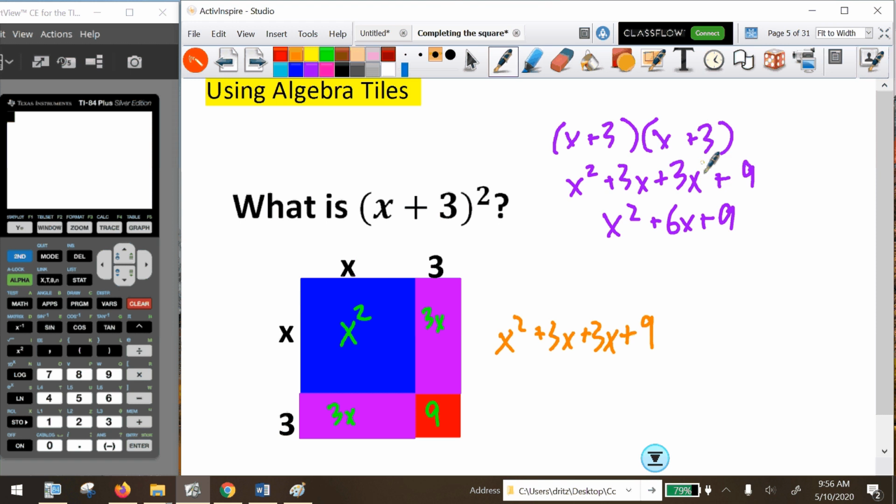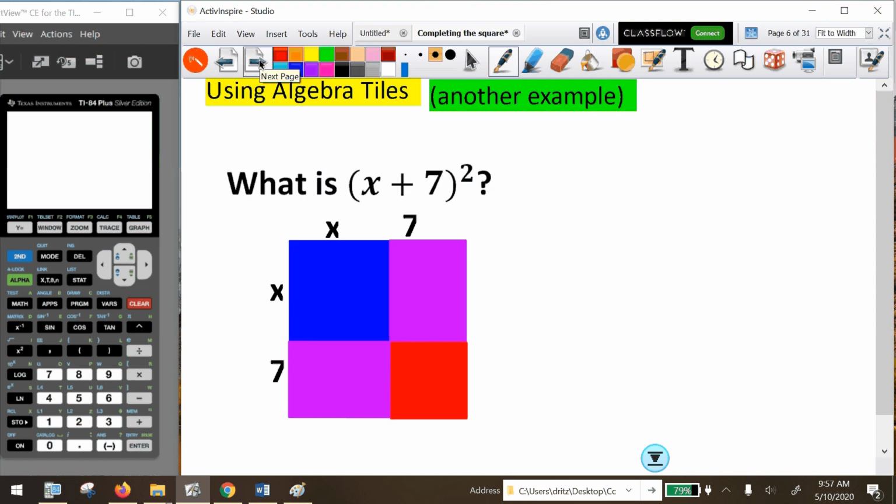Another way to look at that is that the area of this entire big square of edge length x plus 3 and another edge length of the same x plus 3 is equal to x squared plus 6x plus 9. If I'm confusing you by the shapes, I'm sorry. This is just trying to connect it to the reason they call this completing the square.